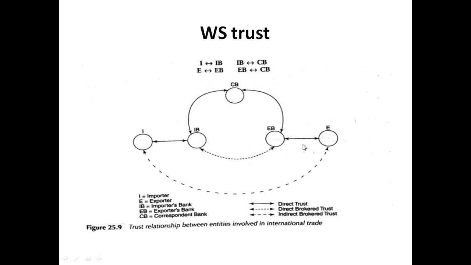Then the exporter is going to have a trust relationship with EB, which is a local bank again. Then EB is going to have a trust relationship with CB, that is the correspondent bank. So based on this, we can create trust between IB and EB, and through IB and EB, we can establish a trust relationship between I and E.